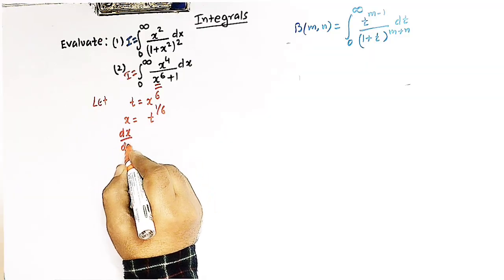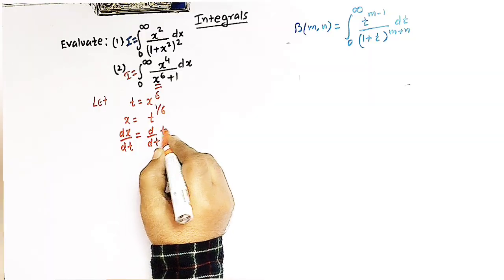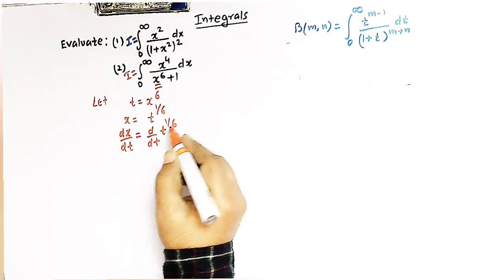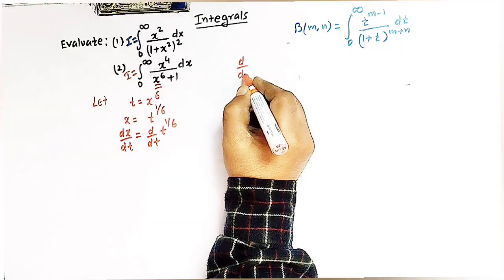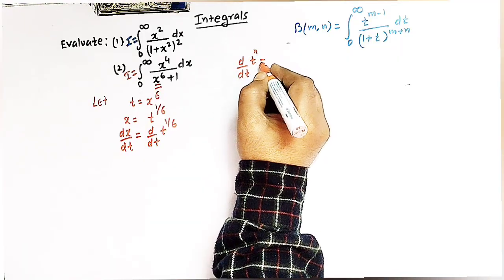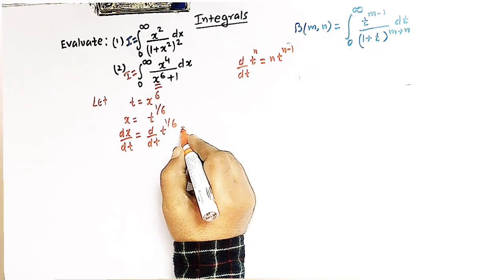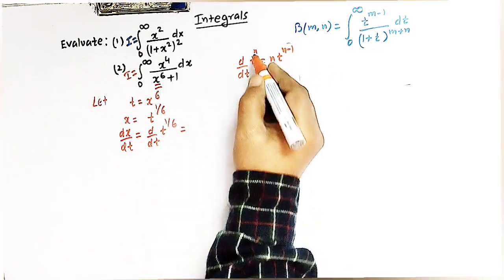So we have dx over dt is equal to d by dt of t raised to 1 over 6, and applying the power rule, that is the derivative of t raised to n is n times t raised to n minus 1. So here the value of n is 1 over 6.